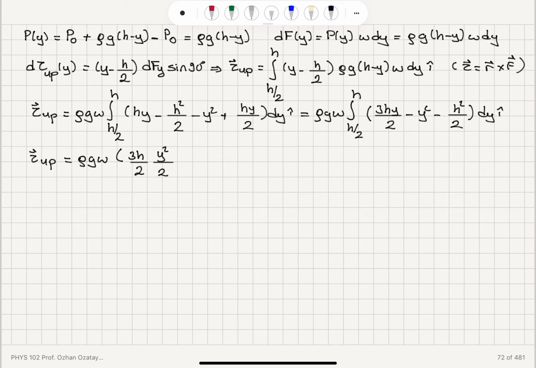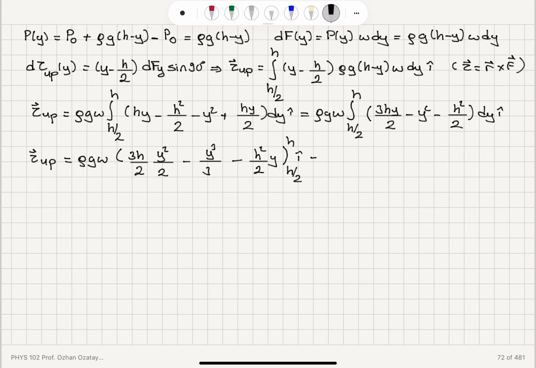And this term will give me y cubed over 3, so I will have minus y cubed over 3, the integral. And then from minus h squared over 2, I will have minus h squared over 2 multiplied with y. That's the integral. And this will be evaluated between h over 2 and h and multiplied with I hat. It's in the I hat direction.